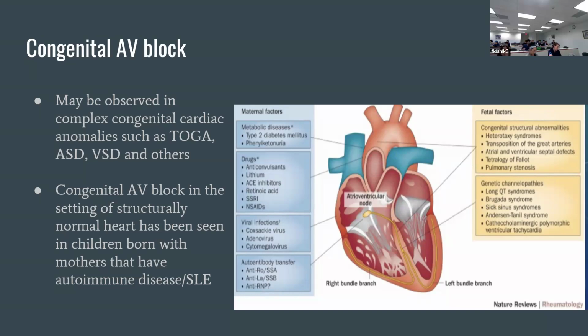Also, it's sometimes seen associated with ASD and VSD. If the heart is structurally normal, a lot of times the mother of the baby may have an autoimmune disease, or had some type of viral infection, or was on drugs that are contraindicated, to cause this.